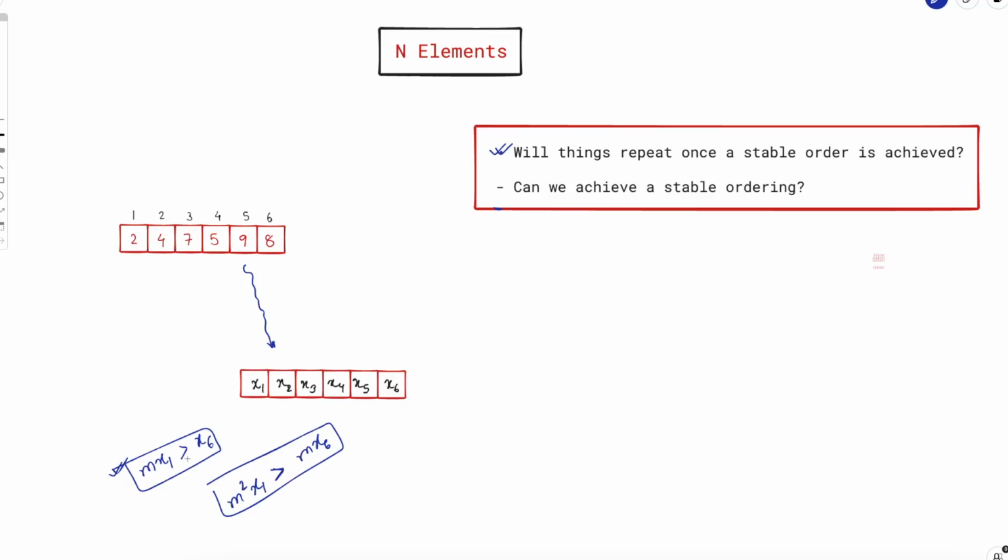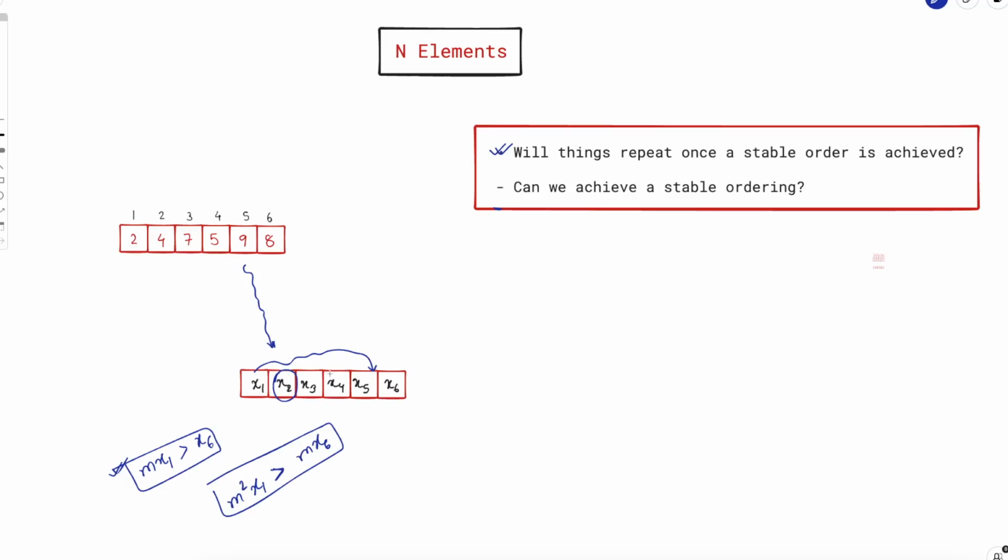Basically, if this is not true, what you are doing is applying the operation on x1, and x1 is now somewhere beneath this, it will lie somewhere here. mx1 lies somewhere here, right? It will not cross x6. So if that's the case, what you are saying is now the smallest element is x2.